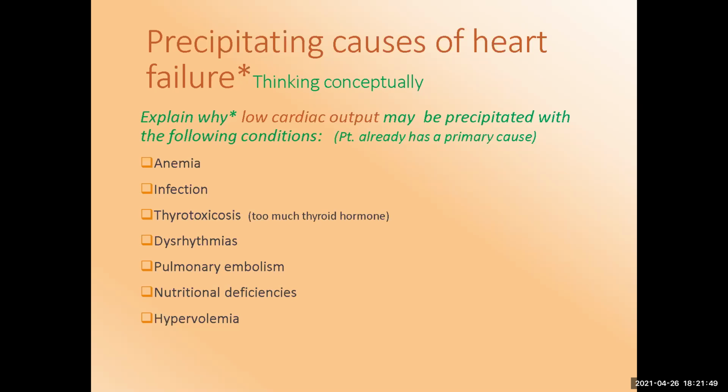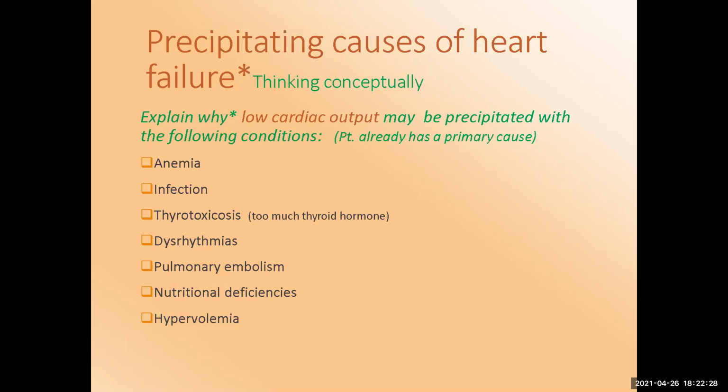What about infection? Kind of the same thing, right? In anemia, you have a decreased ability, because there are decreased red blood cells, to pass oxygen off into the tissues. But in infection, what's happening with oxygen demand? It's increasing, because the body's in distress and basically needs more oxygen to fight the bacteria or the virus or whatever.